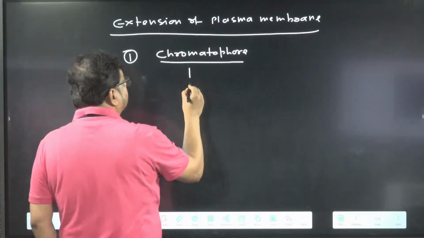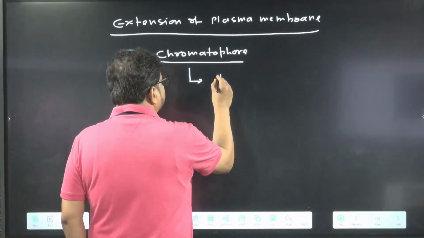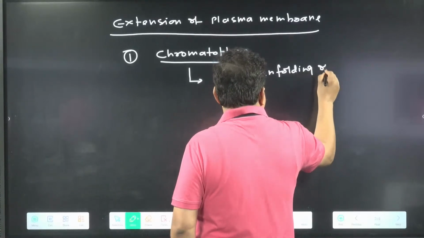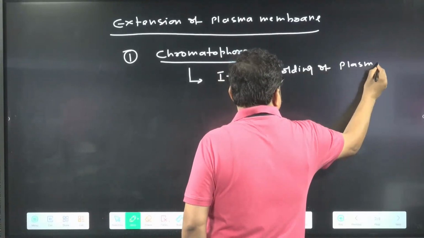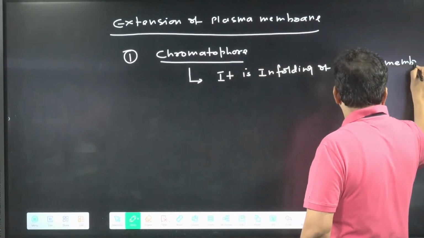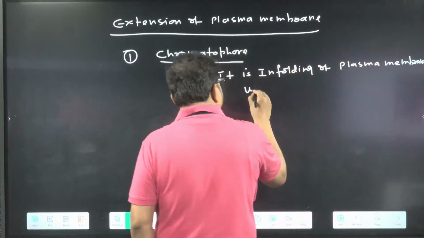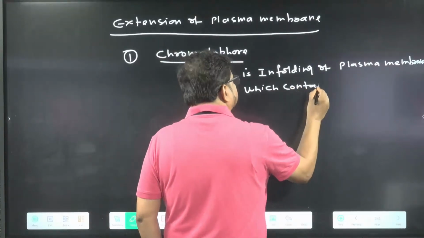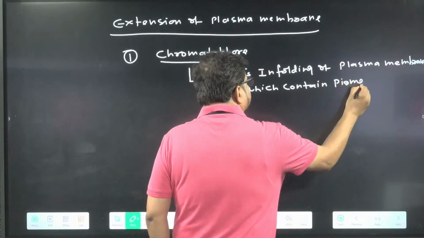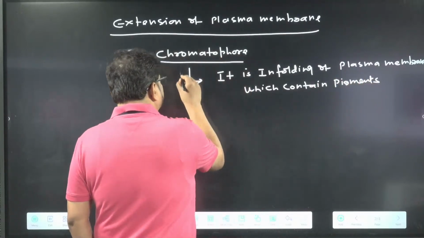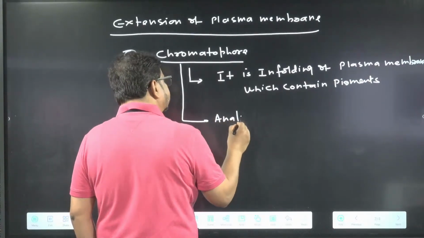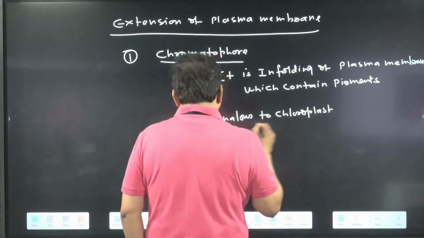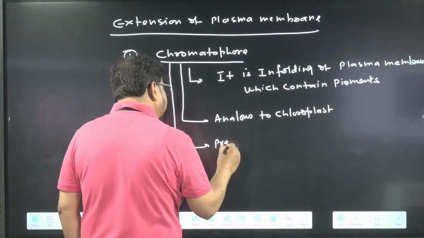So if we talk about the chromatophore, it is an enfolding of the plasma membrane which contains pigments. This chromatophore is analogous to the chloroplast. These chromatophores are present in photosynthetic bacteria.